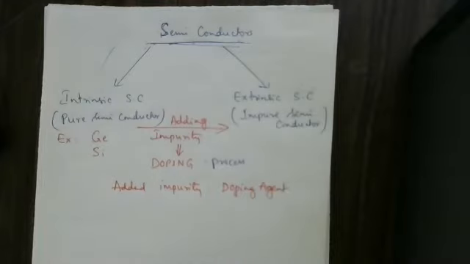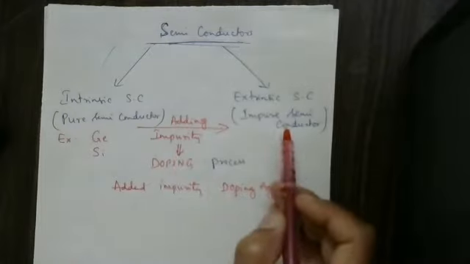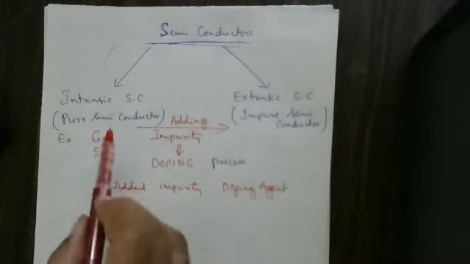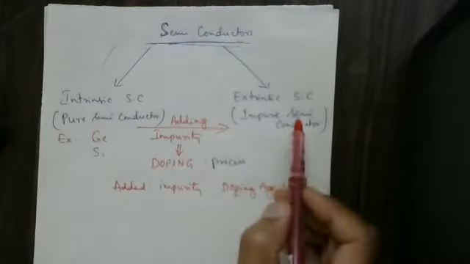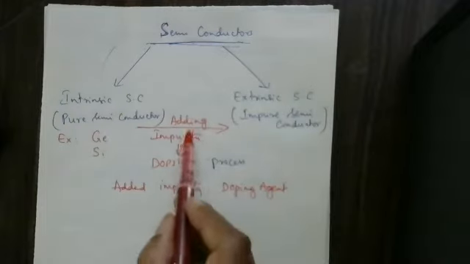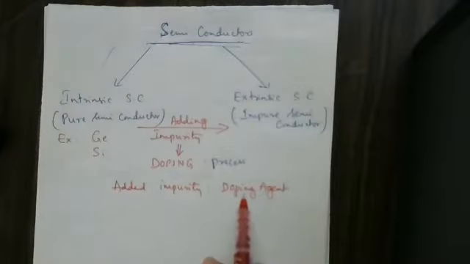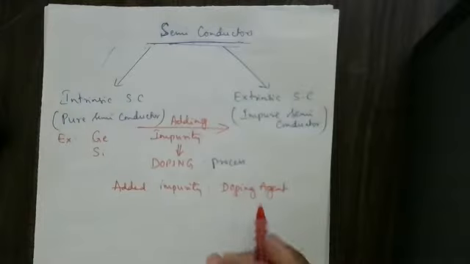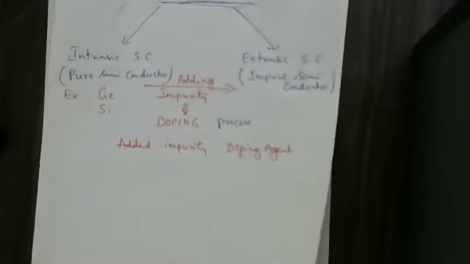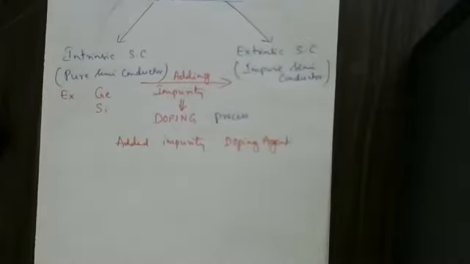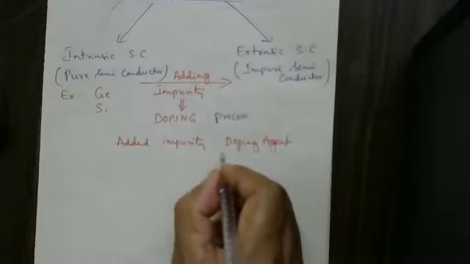One more question here. What do you mean by doping agent? A doping agent is an added impurity to convert an intrinsic semiconductor to an extrinsic semiconductor. That added impurity is called the doping agent.